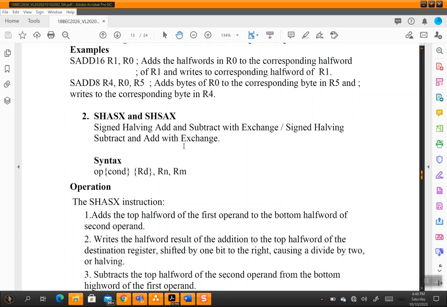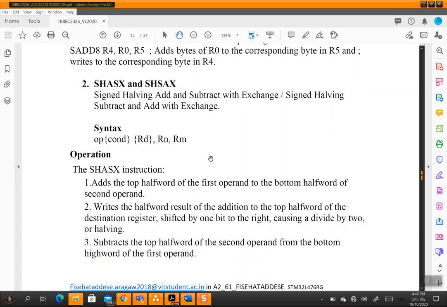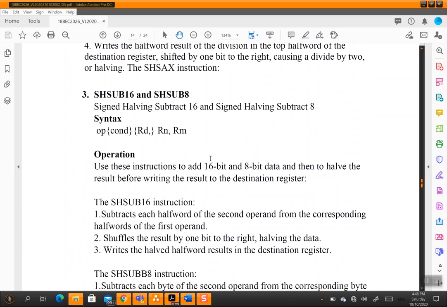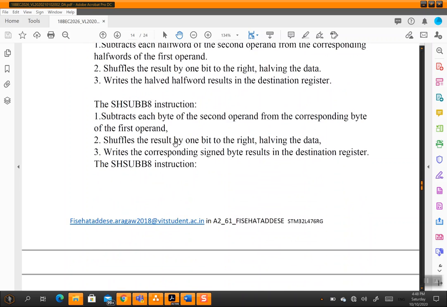That is their purpose. The next ones are SHSUB16 and SHSUB8, used for signed halving subtract of 16-bit data and signed halving subtract of 8-bit data.